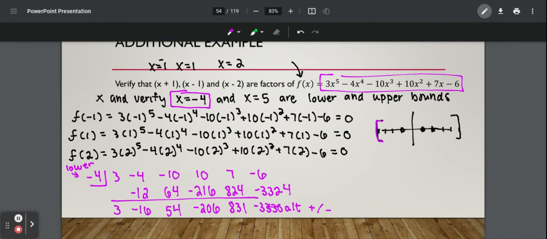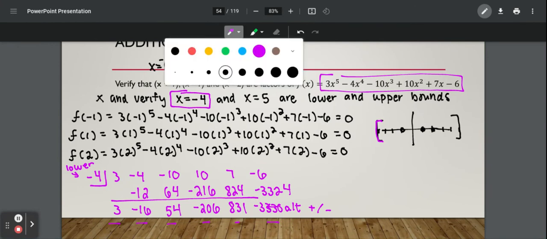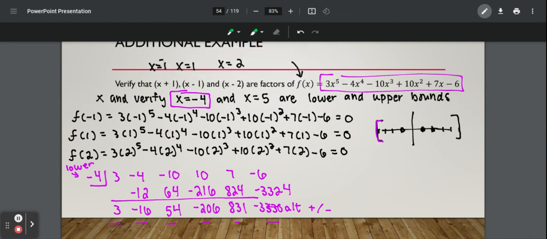And if you notice, they alternate positive, negative, positive, negative, positive, negative, which would mean that -4 is a lower bound.